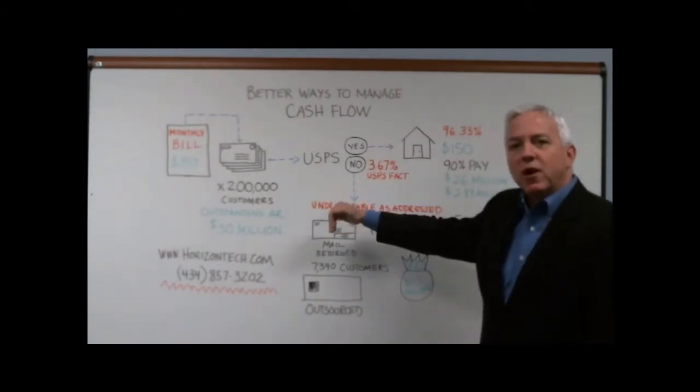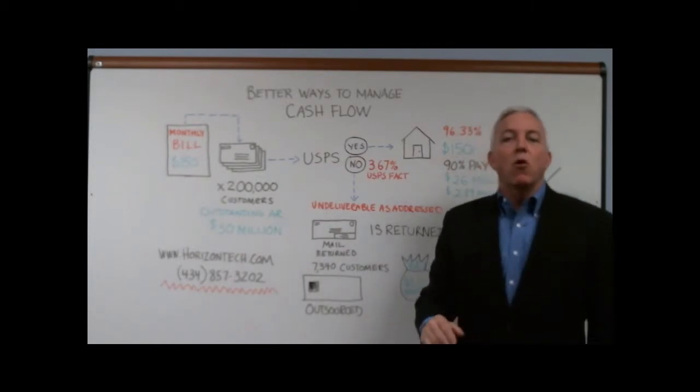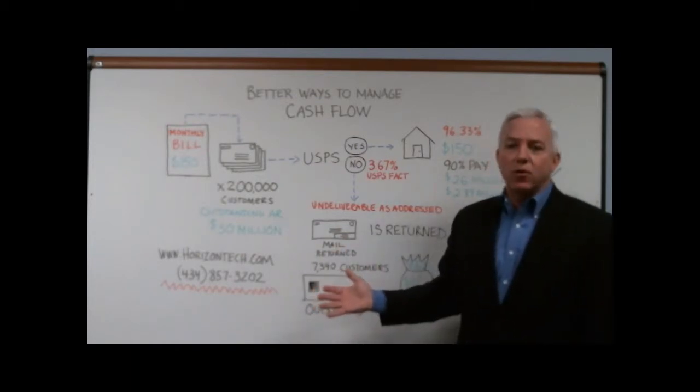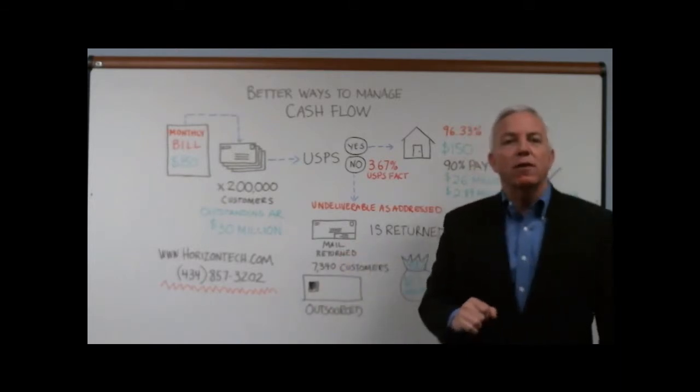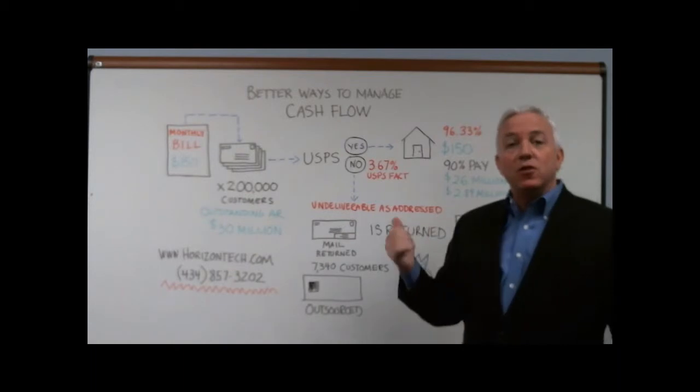If we follow the flow, I've outsourced this function to a vendor that is either reading a barcode or data entering what's actually happening with that mail. It could even be the little yellow sticker on the envelopes. And they've sent that information back to you, the biller.